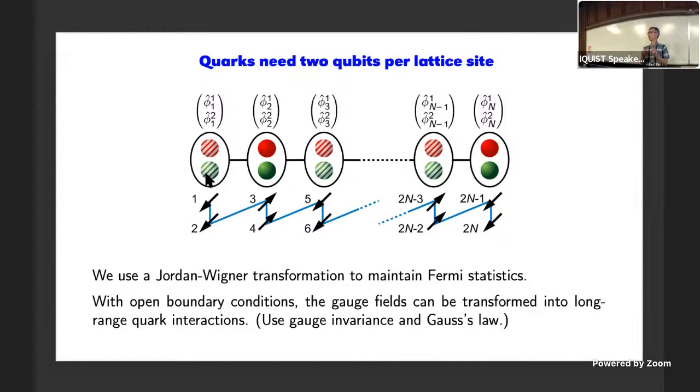If we have two identical fermions, the wave function will have to be antisymmetric. And so we have enough qubits with just two to describe that state of the first site of our lattice. And then we'll have qubits number 3 and number 4 for the second site on our lattice to say whether we do or don't have red and we do or don't have green, and so on all across the lattice.